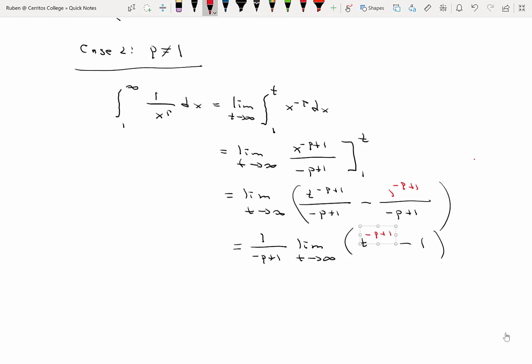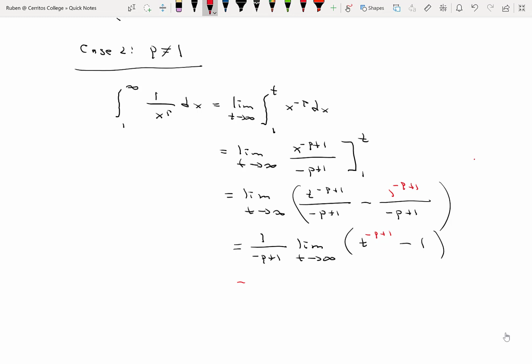If that exponent were 3, t cubed minus 1 goes to infinity. If it's 1/2, t to the 1/2 minus 1 approaches infinity. The only way this limit is going to exist, the only way it's going to converge, is for that exponent to be negative. If the exponent is negative, that pops the variable into the denominator, and the limit of that portion of the integral will be 0.